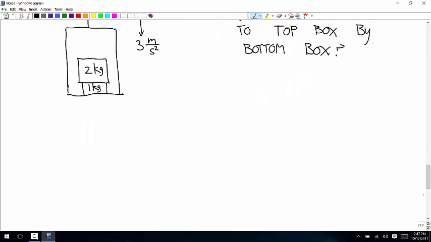Okay, in the last problem, the first step was isolating both of the two things together to figure out their acceleration. This time we can skip that because we already know the acceleration is 3 meters per second squared down. So this time I'll just start by isolating the 2 kilogram box.